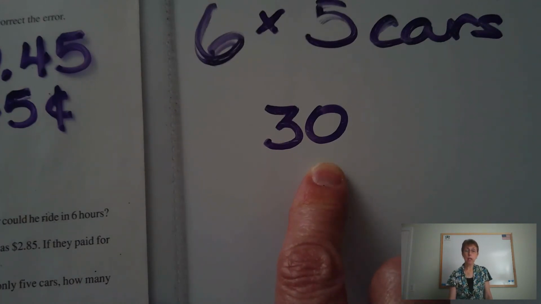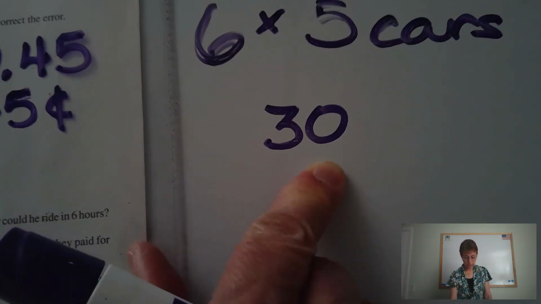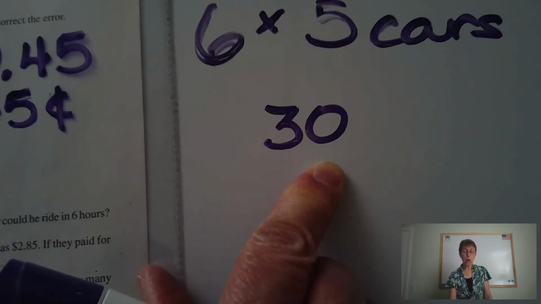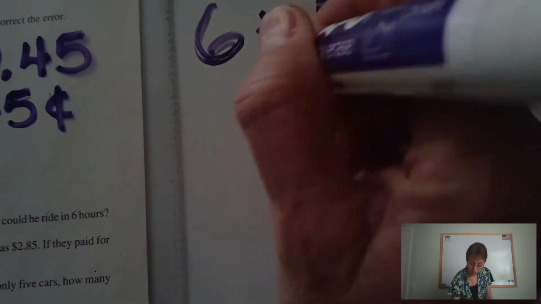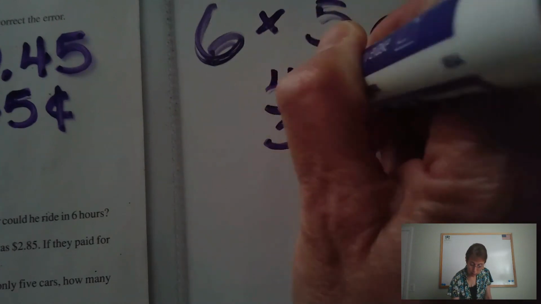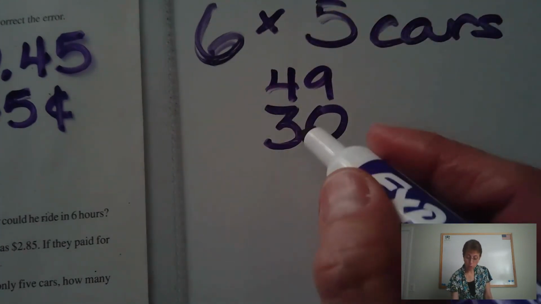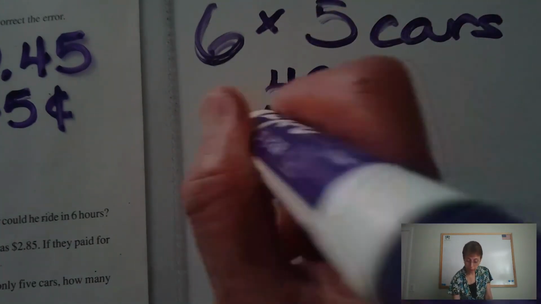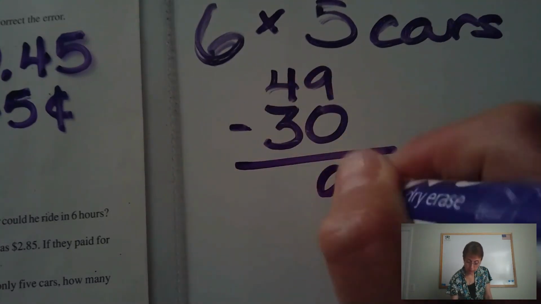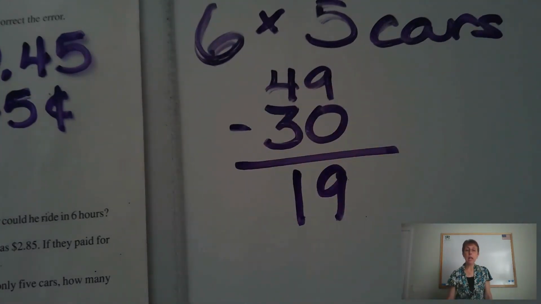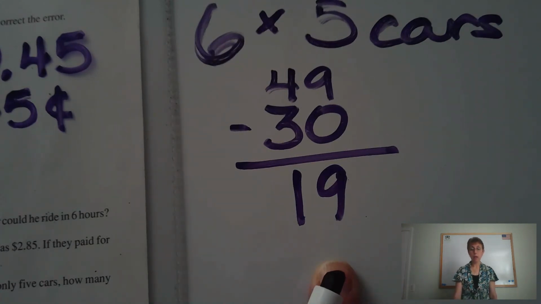You have 49 in line. The question is then, how many do not ride? So now you're going to subtract. You have a total of 49 people. You only have enough space for 30. You subtract and get your difference of 19, and there are 19 people then who are not going to be able to get a ride.